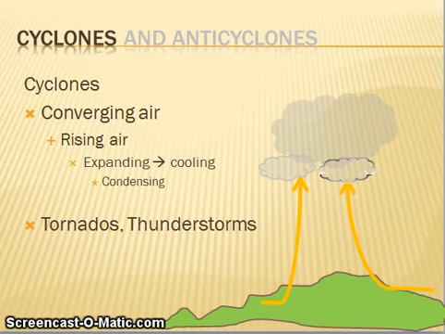But whatever happens with air as it comes into a low pressure system and moves up into the atmosphere, it cools and expands and causes condensation or cloud forming. So cyclones are converging air masses at the surface that move aloft, and these are the kinds of systems you see when you see cloudy days or tornadoes or thunderstorms.